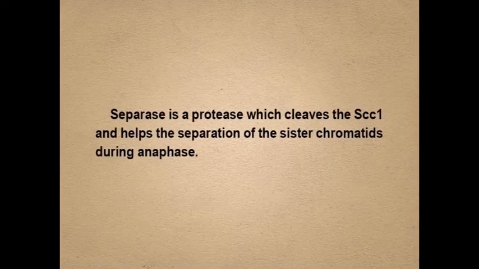The cross-linking activity of cohesin depends on another protein called securin. Prior to anaphase, securin binds and inhibits a ubiquitous protein called separase. Separase is a protease which clips the SCC1 and helps the separation of the sister chromatids during anaphase.